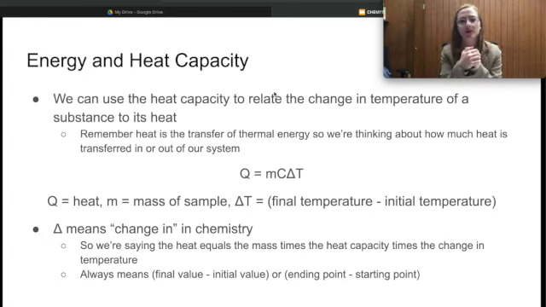So we're also given that the heat capacity, which I'll call C, our symbol for heat capacity, is 4.184 joules per gram degrees Celsius. Those are all the numbers we can pull out of our equation. And then we're wondering how much heat.